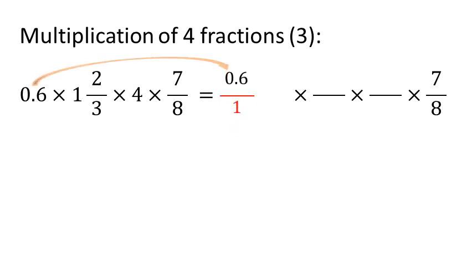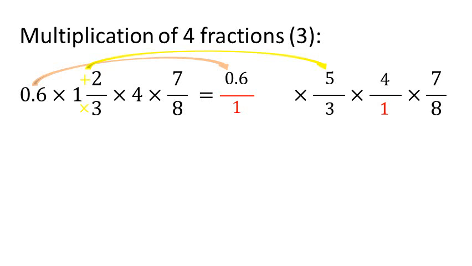A mixed number, 1 and 2 over 3, can be changed to an improper fraction by multiplying 1 by 3 and then adding 2, which becomes 5, and the denominator 3 stays the same. A whole number 4 can be changed to 4 over 1. 7 over 8 stays the same.